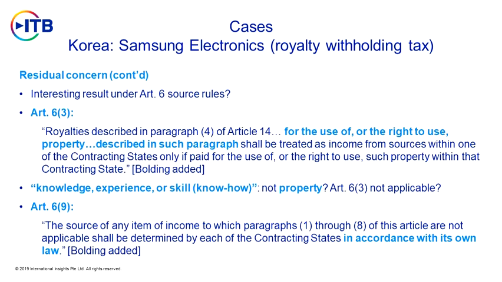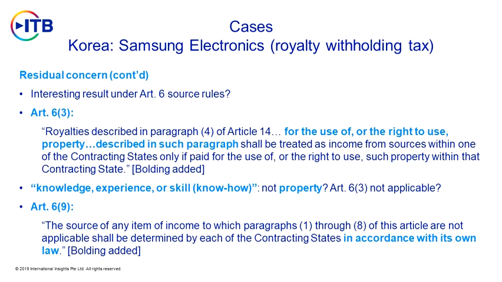If that's correct, there could be an interesting result under the Article 6 source rules. Here's Article 6.3 again. Note the highlighted words, "for the use of or the right to use property described in such paragraph." Arguably, the phrase in Article 14.4a, knowledge, experience, or skill, know-how, does not refer to property. If that's correct, then Article 6.3 does not set out the source rule for consideration for such items.